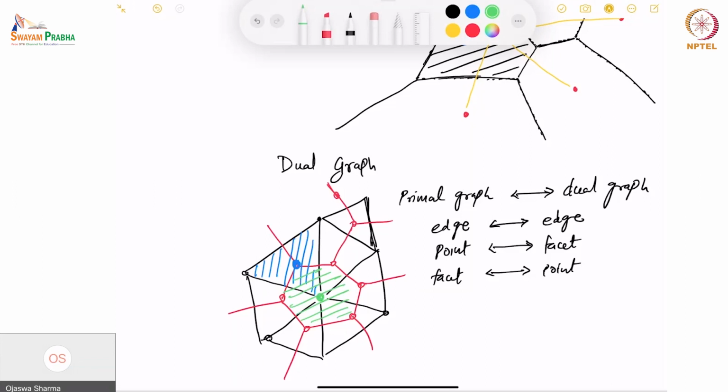This is the primal dual relationship. Given a dual graph, I can go to the primal graph. Given a primal graph, I can go to the dual graph. So that's just a quick discussion on primal and dual.